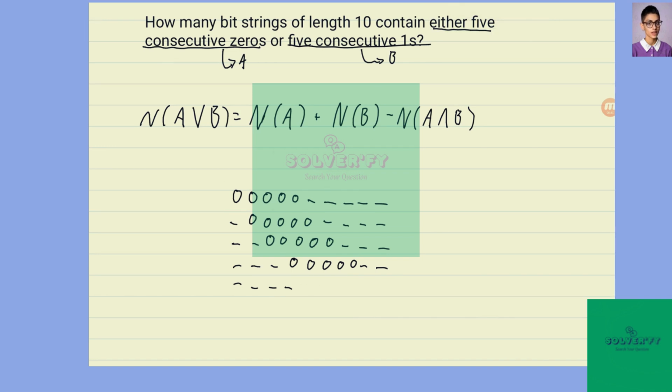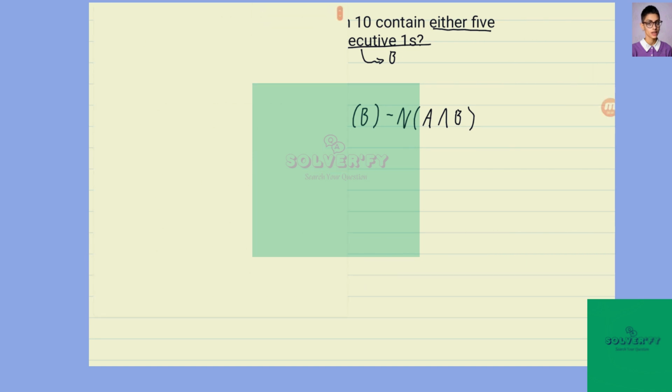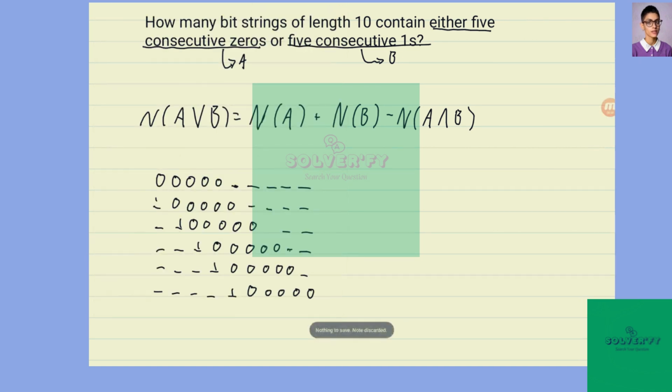So we can think about, for case A, our 5 consecutive zeros. We can think about it as there being a few different possible situations, particularly that we could have our run of zeros start at the first bit, the second bit, the third bit, the fourth bit, the fifth bit, or, technically, the sixth bit.